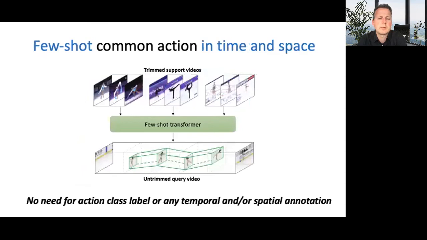Now, today I would like to talk about few-shot common action recognition in time and space. Given a few trimmed support videos, without knowing their label, but we know that they share the same common action, we introduce a few-shot transformer that is able to identify in an untrimmed query video the same activity, as indicated by its bounding tuplet around the activity.